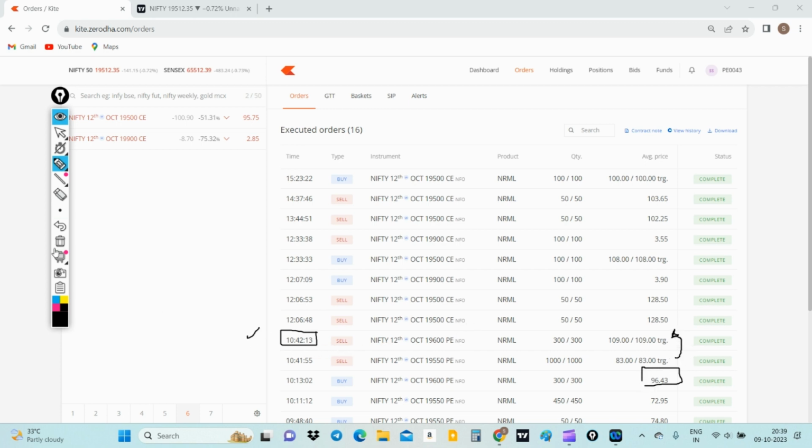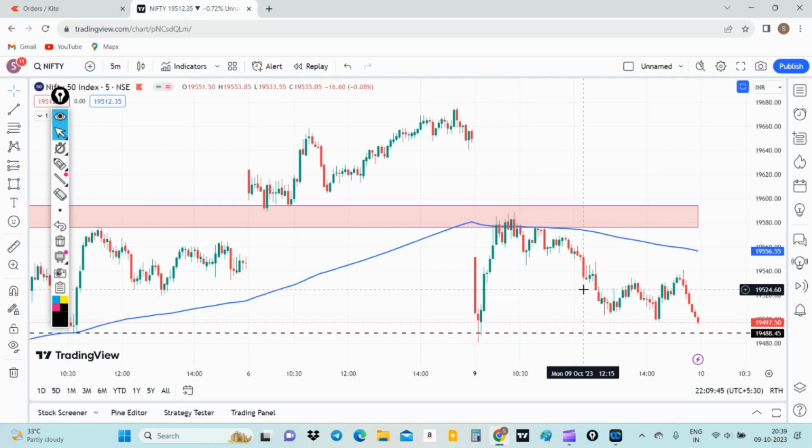I exited at around 10:42. If I move to the Nifty chart, in exactly this 10:42 candle, the reason my exit was at this point is that we had seen a gap down, and Nifty found some support over here.